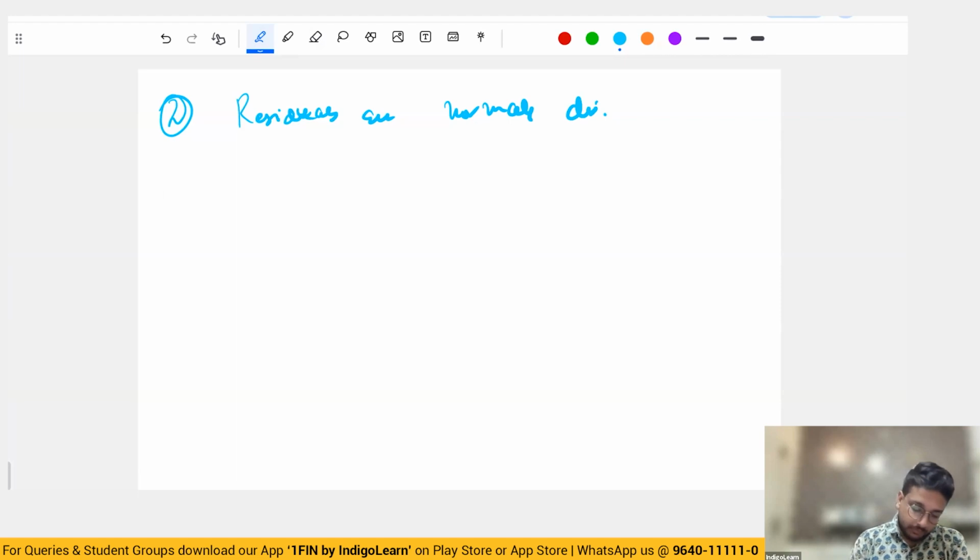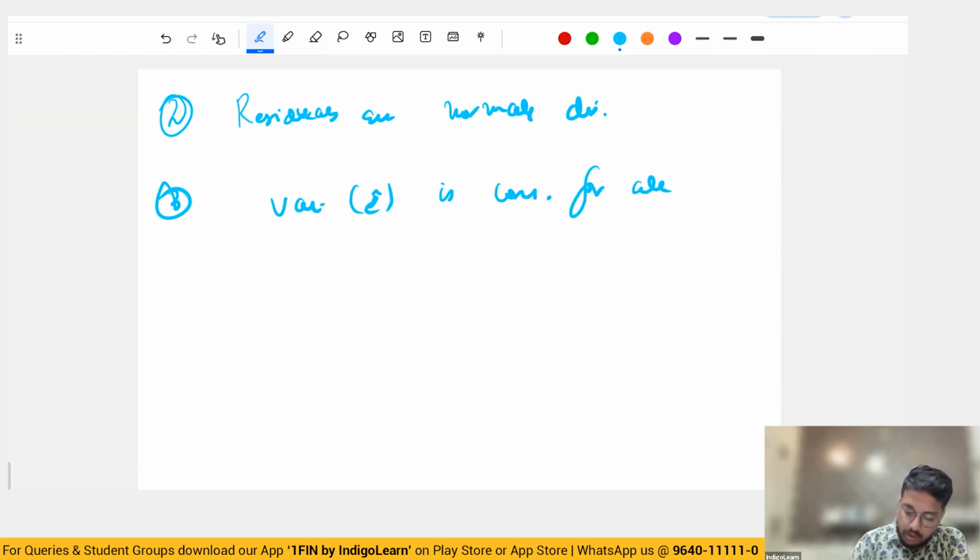The third assumption used to be that the variance of the error term is constant for all observations. What does it mean?